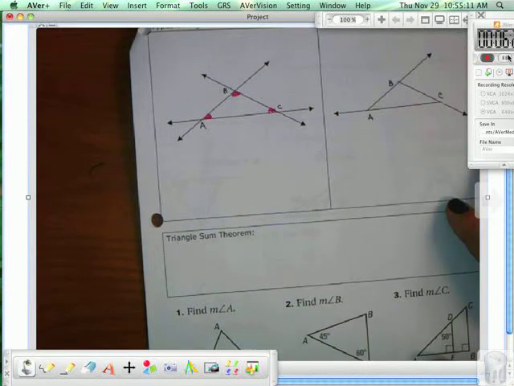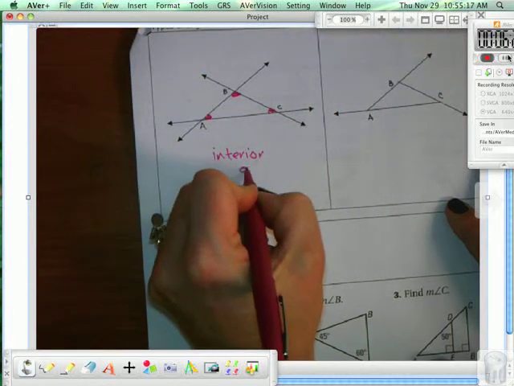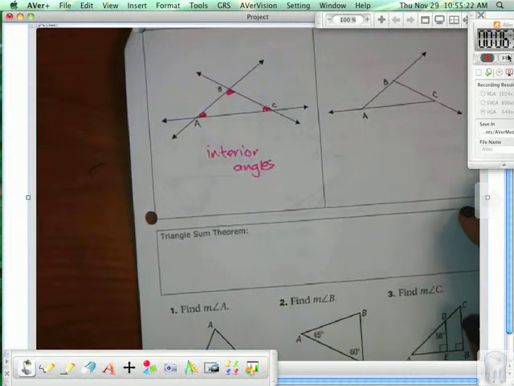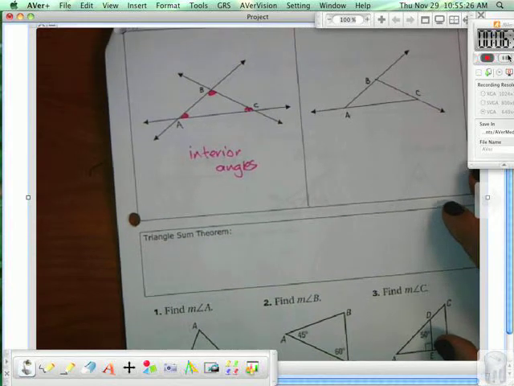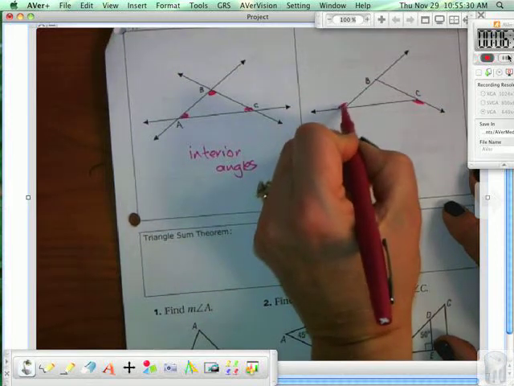What'd you say? I heard it. Interior. Interior angles. Easy enough, yes? Okay. On the flip side of that, I want you to kind of shade this in, these angles, only these three here.